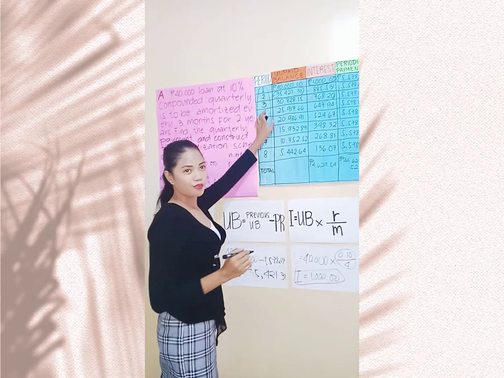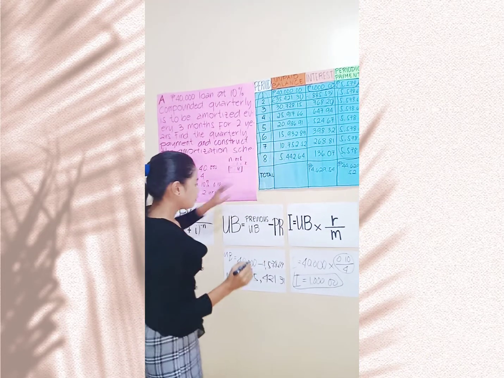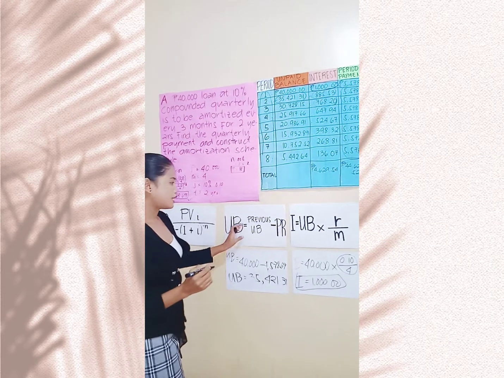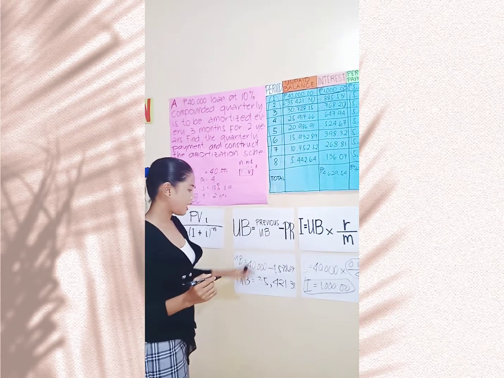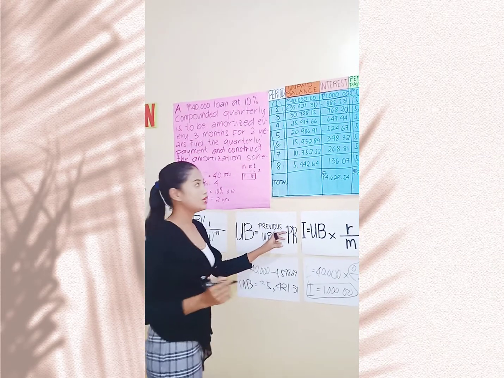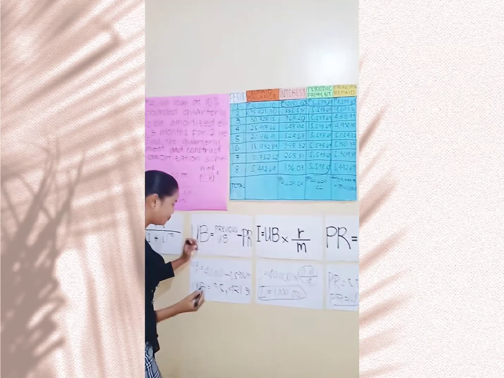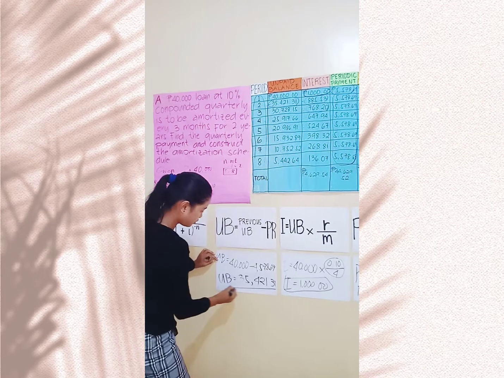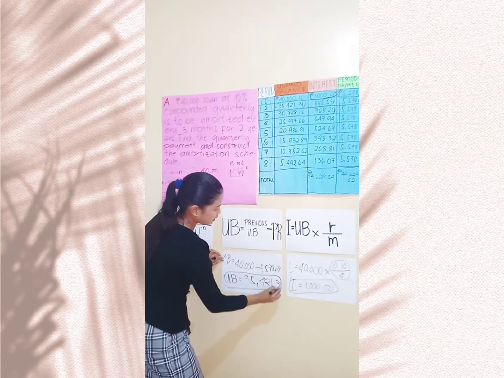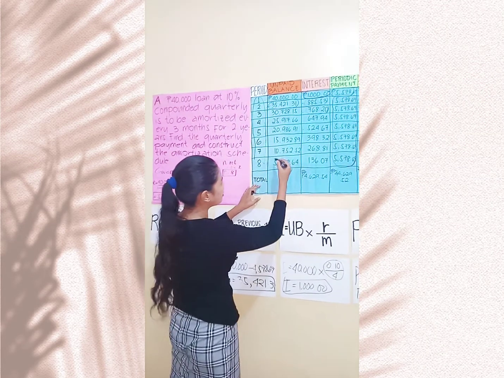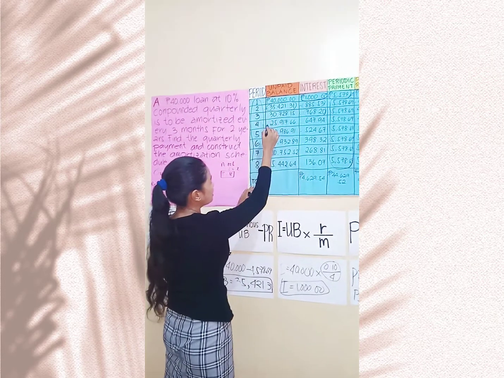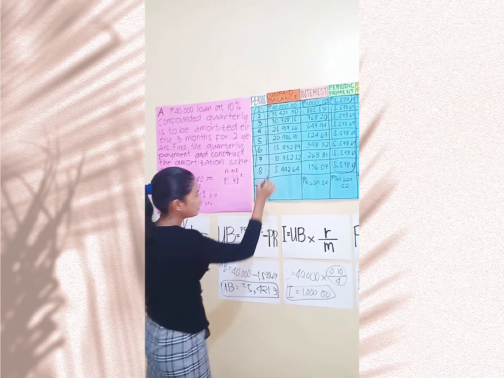The same on the third, fourth. You subtract the principal repaid on the current period from the balance. Same procedure in getting the unpaid balance for each period.